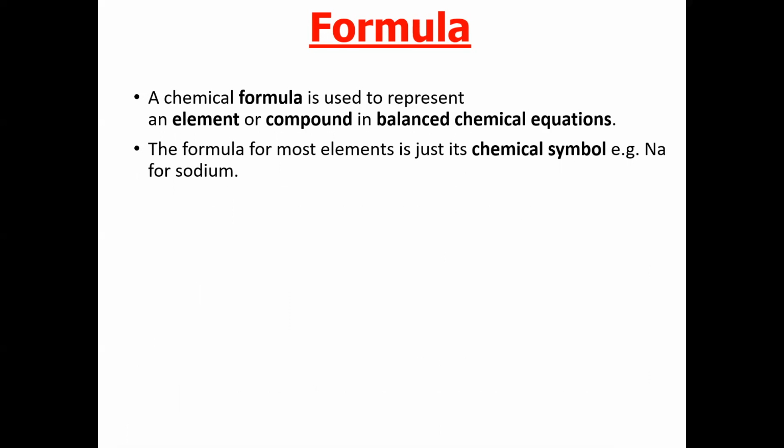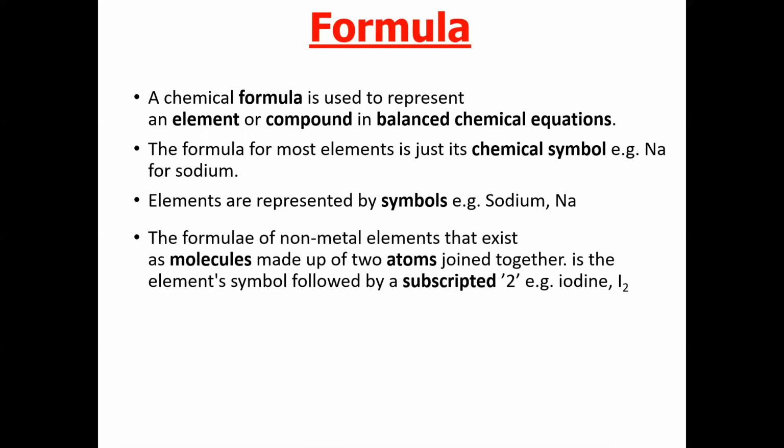So for the formulae, in most cases for elements, it is just its chemical symbol. For example, Na from the periodic table is for sodium. Sometimes elements will go in pairs.